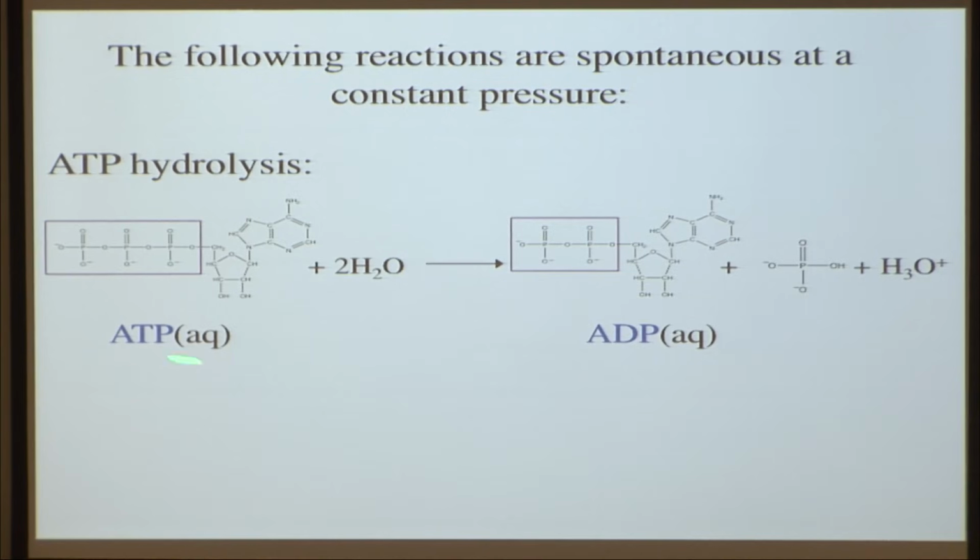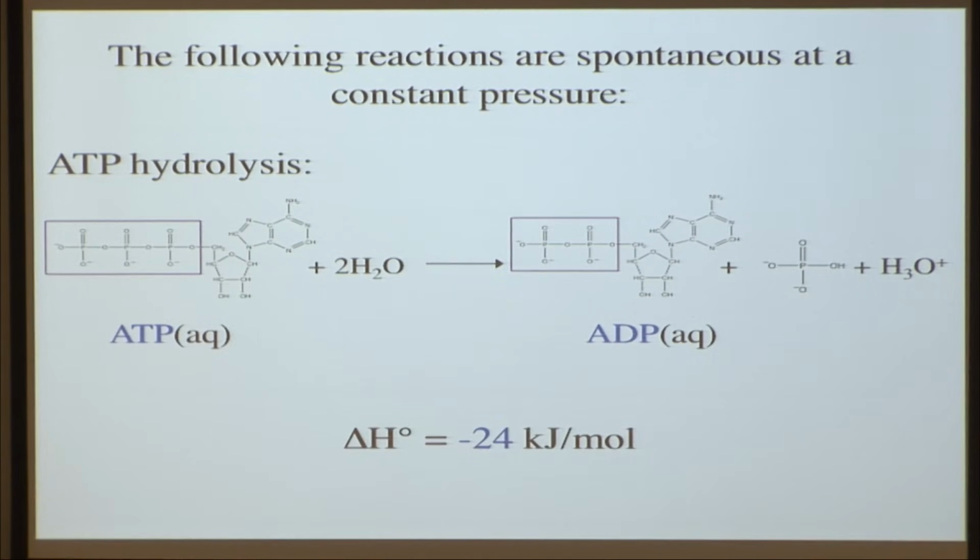Here is another spontaneous process. This molecule is ATP. And it will hydrolyze, which means react with water, forming ADP. So ATP is triphosphate. ADP is diphosphate. So one of the phosphates, and here's the phosphate, comes off. It hydrolyzes off. And this is a spontaneous process.